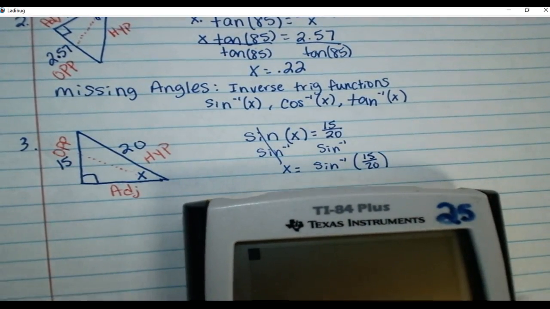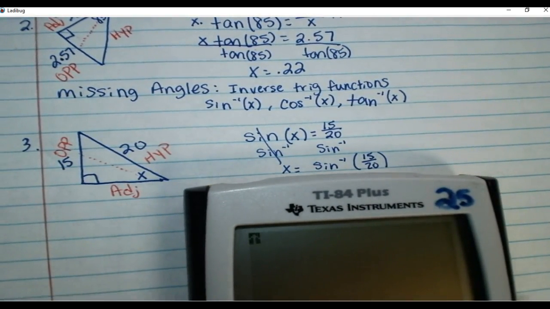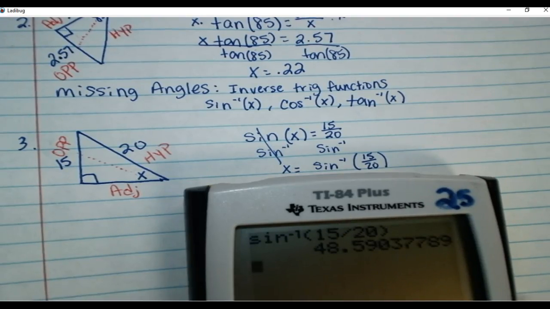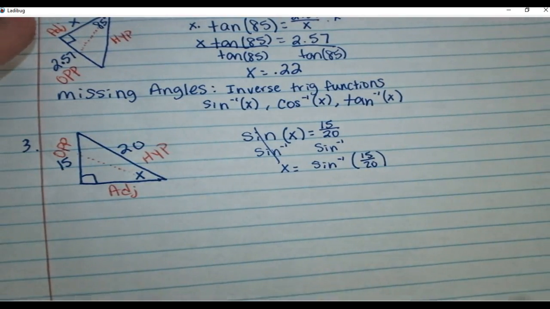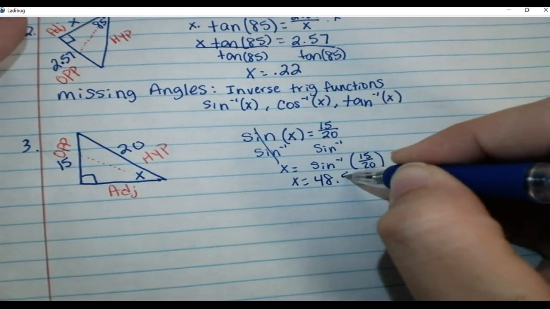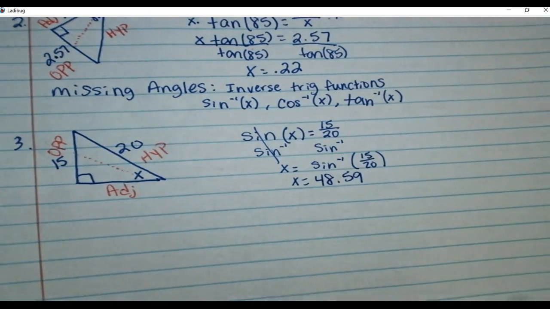And again, to get that negative 1, you hit second sine. And then 15 divided by 20. And hopefully you get 48.59. Questions? You may not get that.